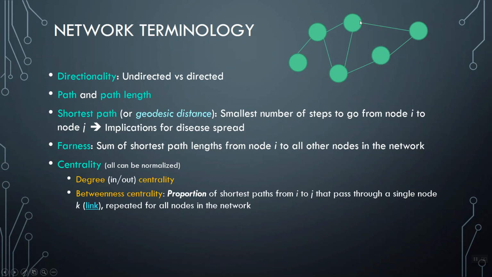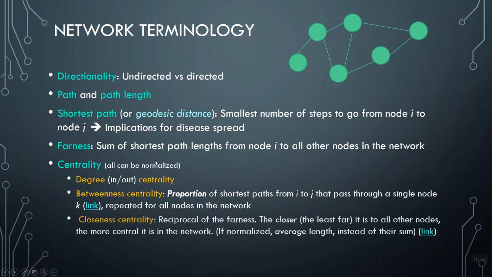So we want to go from I, this is I now, this is J, and let's say that this is K. So in one of those shortest paths, K is there, but in the other one, K is not there. So this will be 0.5, okay? Because we have 1 that passes through it over 2 possible ones. Again, there's a link that might explain it much better.